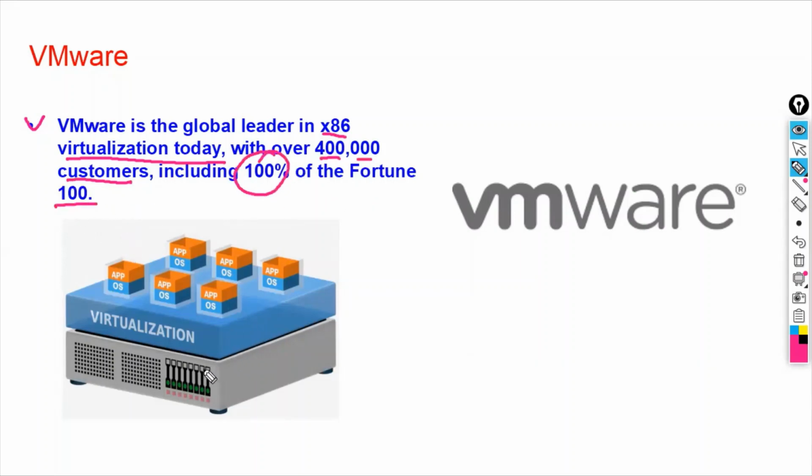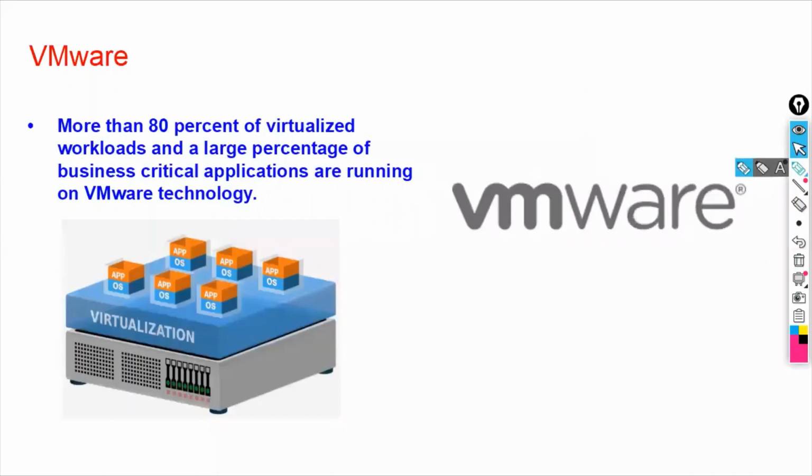So, all the Fortune 100 companies are the VMware customers. And more than 80% of virtualized workloads and a large percentage of business critical applications are running on VMware technology.